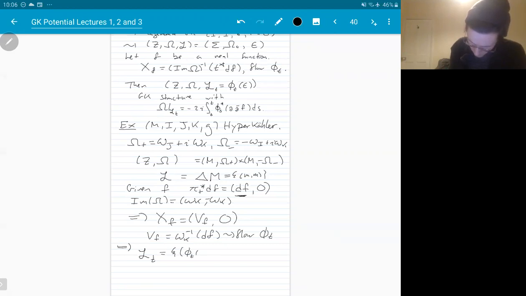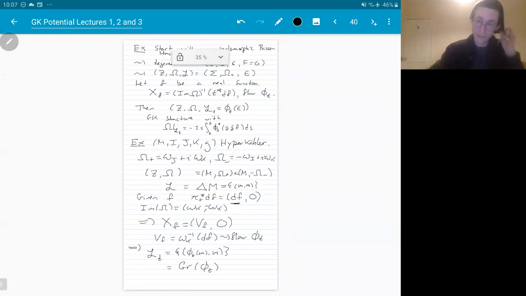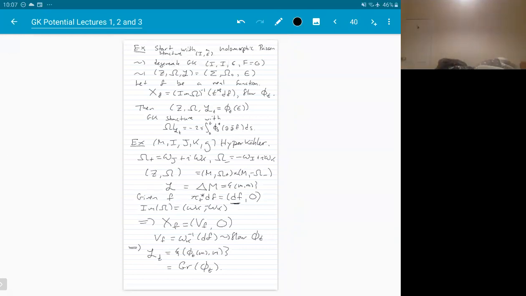It's going to be the elements that look like this. So in other words, it's just going to be the graph of the flow. Okay, does this make sense?